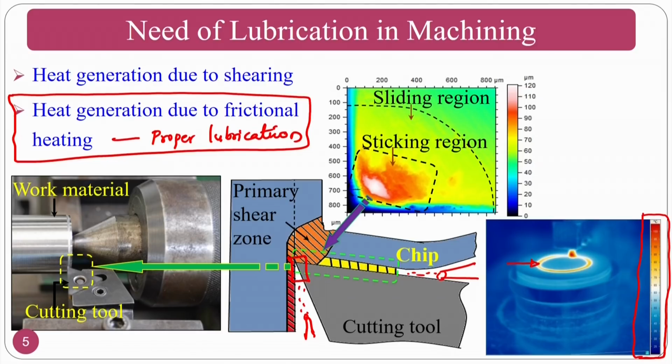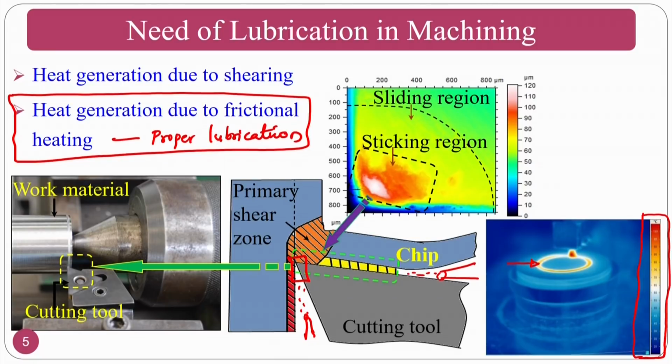On average, the bottom line of this slide is that if you put proper lubrication into the machining zone, on the flank surface as well as the rake surface, the best thing you are going to get is that you can reduce frictional heating.